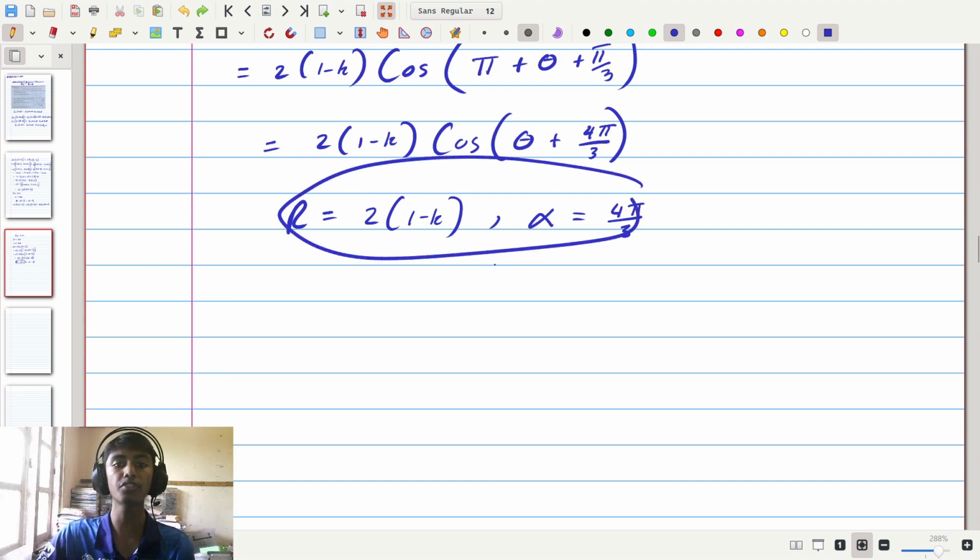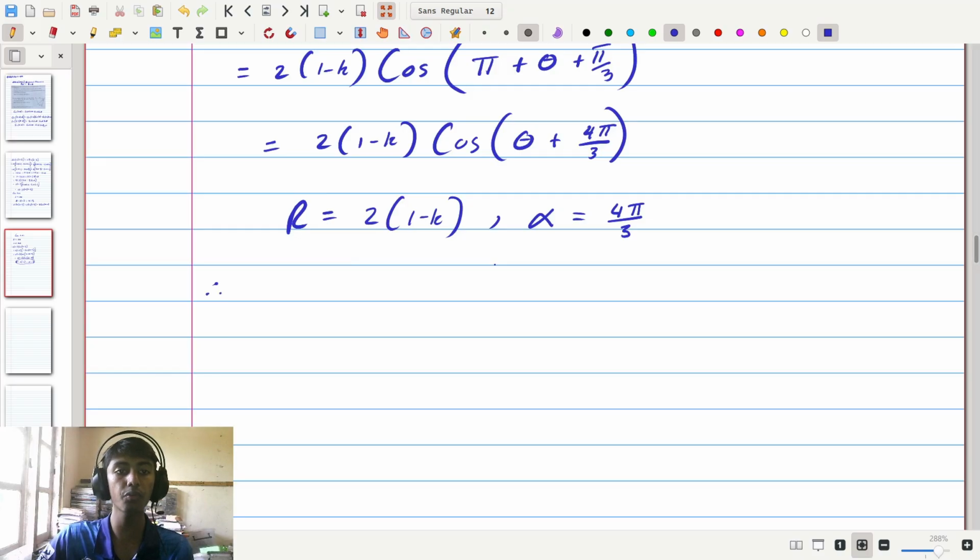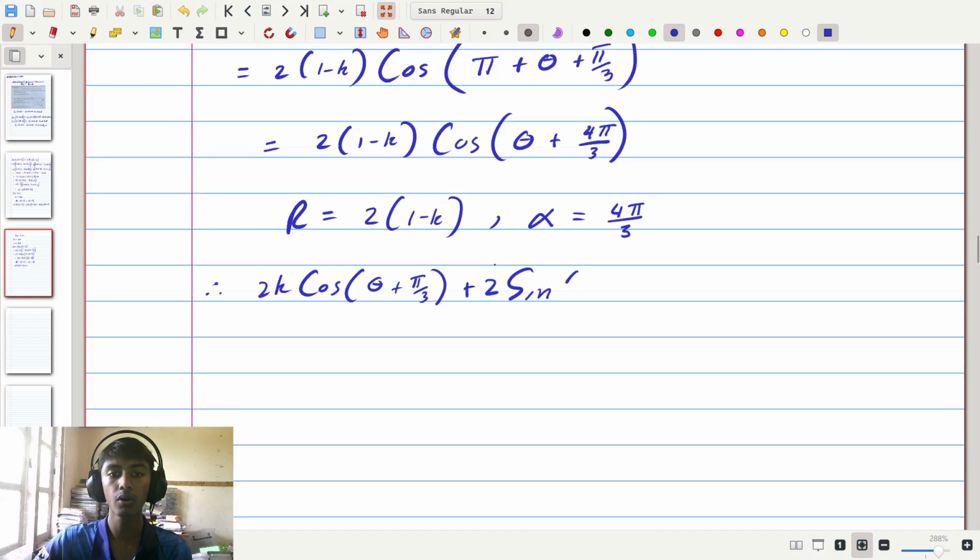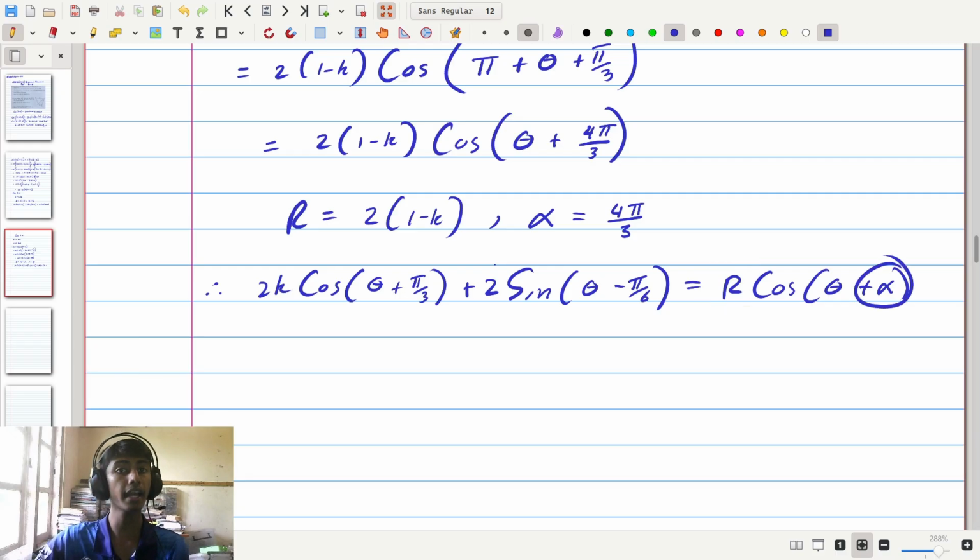So therefore this is a valid solution, and we can then finally say that we can rewrite 2k cosine of theta plus pi by 3 plus 2 times the sine of theta minus pi by 6, which is what we had initially, as r times cosine of theta plus alpha, where r is a positive number and alpha is some angle in between 0 and 2 pi radians, where in the case of k being any value less than 1, it's going to have r equaling 2 times 1 minus k and alpha equaling 4 pi by 3.